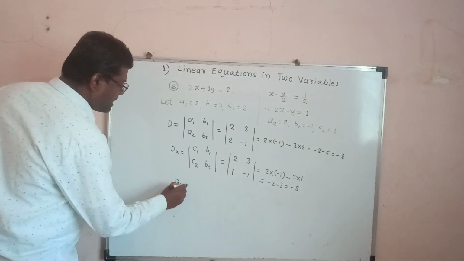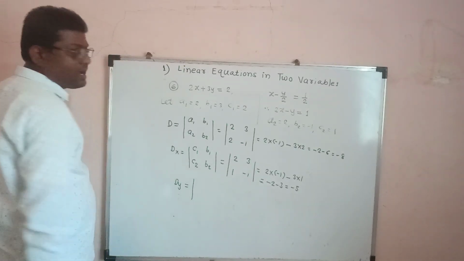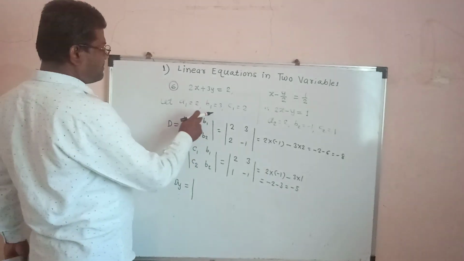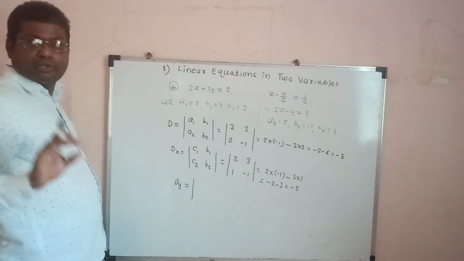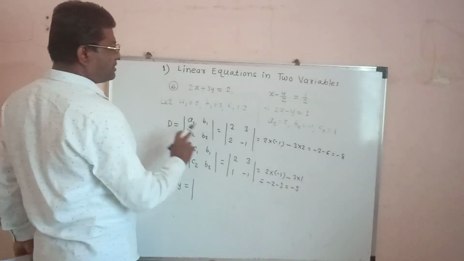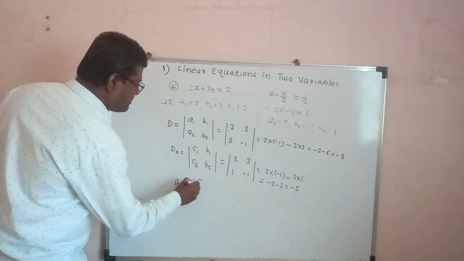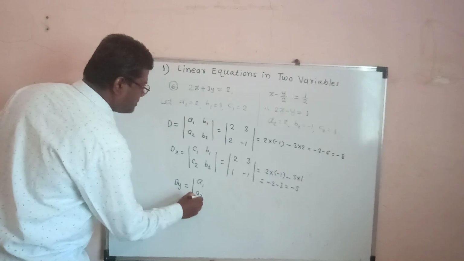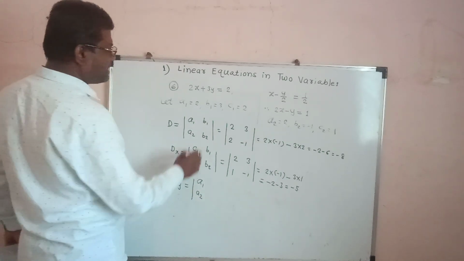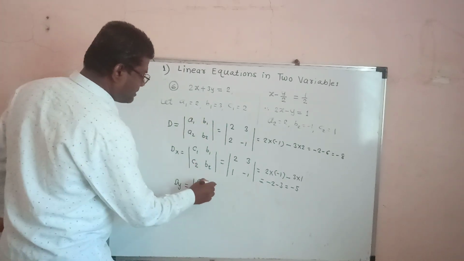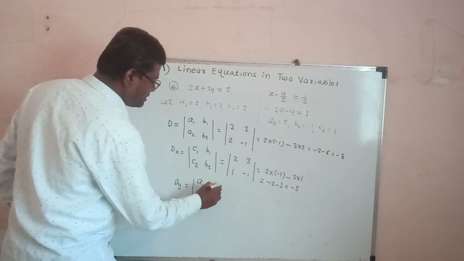Now find the value of dy. Here we replace the numbers b1, b2 by the constant terms c1, c2. We write first column a1, a2 and we replace second column, that is b1, b2, by c1, c2.